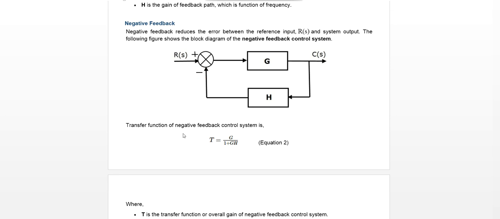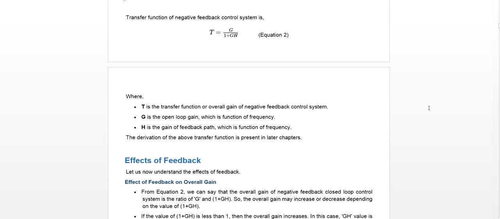For the formula, the transfer function has a positive denominator. The transfer function is equal to G divided by the quantity 1 plus GH. T is the transfer function, G is the open loop gain, and H is the gain of the feedback path.